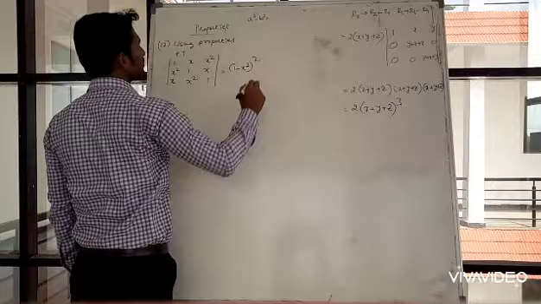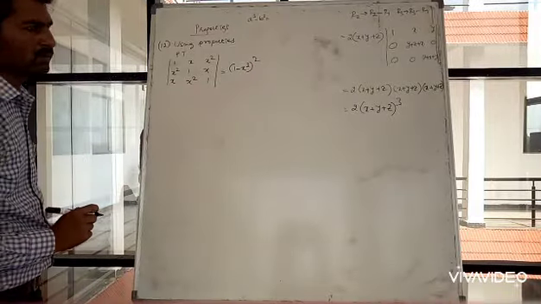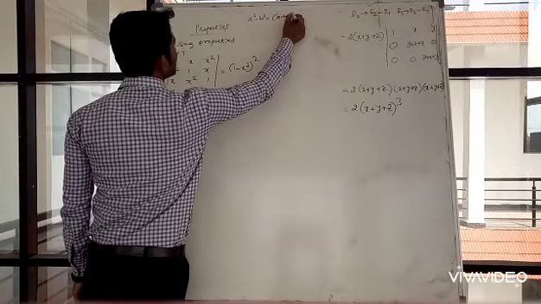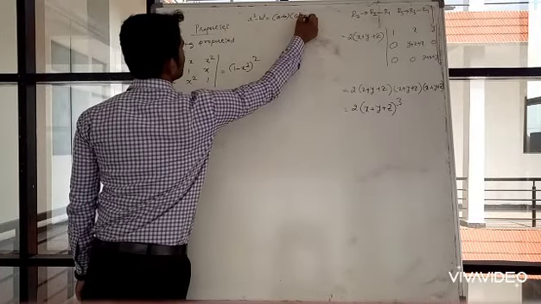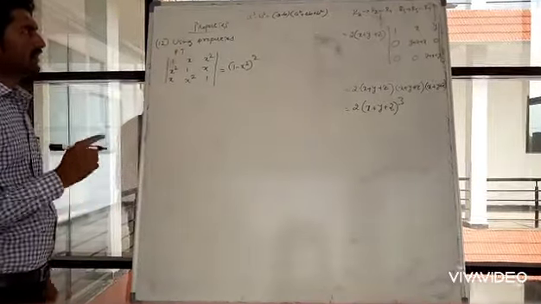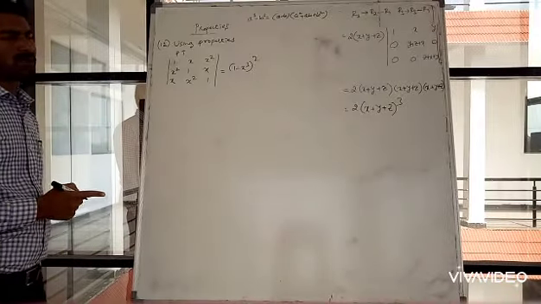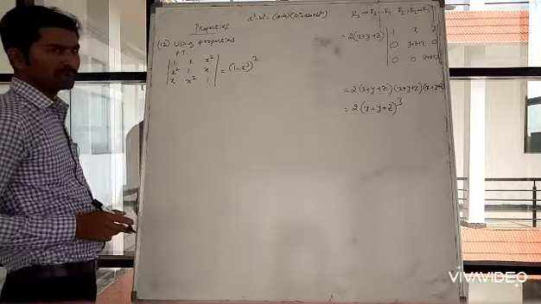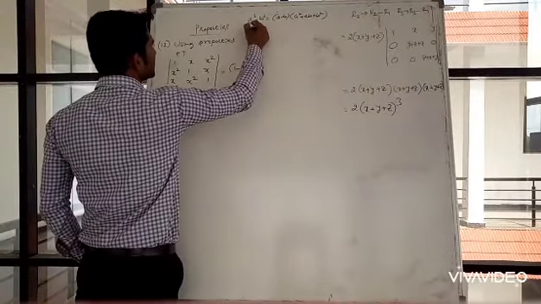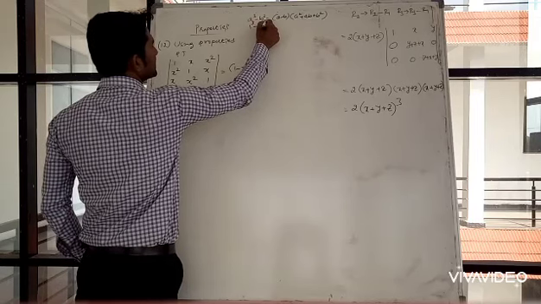What is the formula? a cube minus b cube is a minus b into bracket a square plus ab plus b square, right? So if I get a minus b into a square plus ab plus b square, it is nothing but a cube minus b cube. Here in place of a, 1 is there. In place of b, x is there.